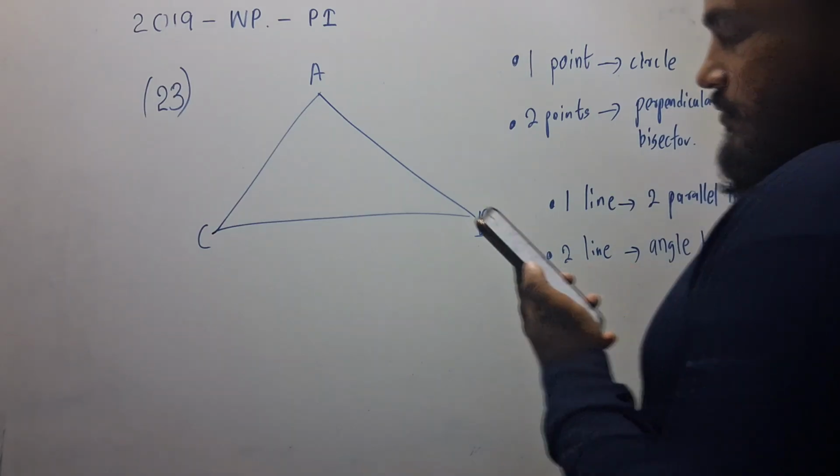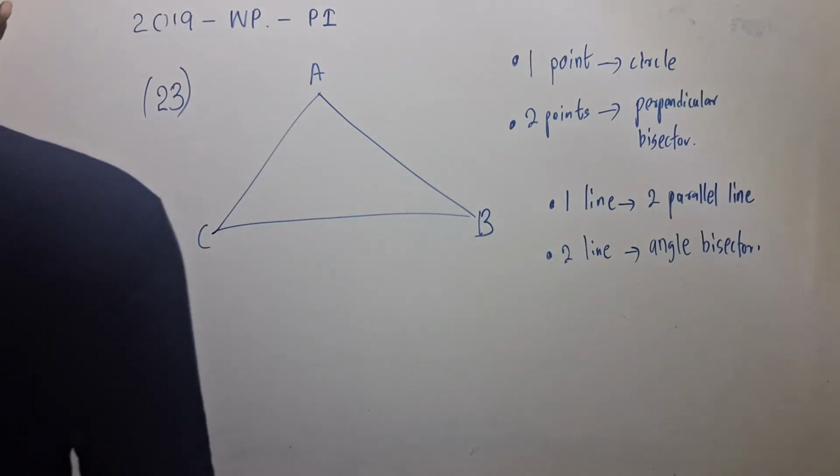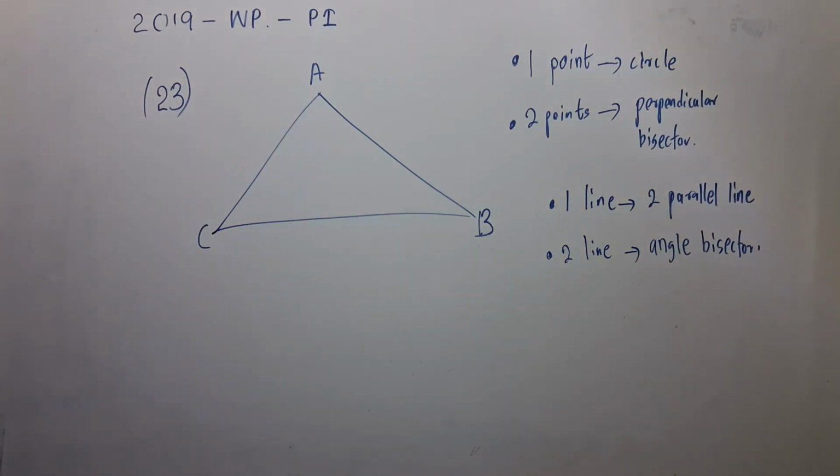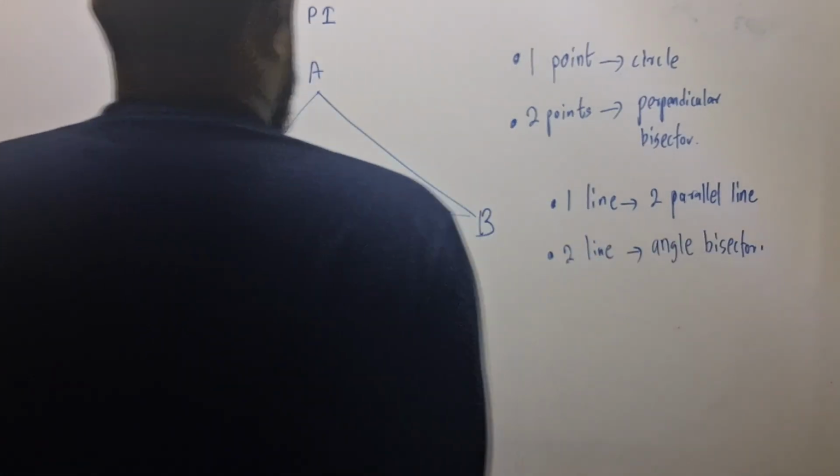Let's see this question. In the given triangle ABC, draw a sketch to represent the locus of a moving point which passes through point A, parallel to the side BC. So actually they have talked about parallel to BC.